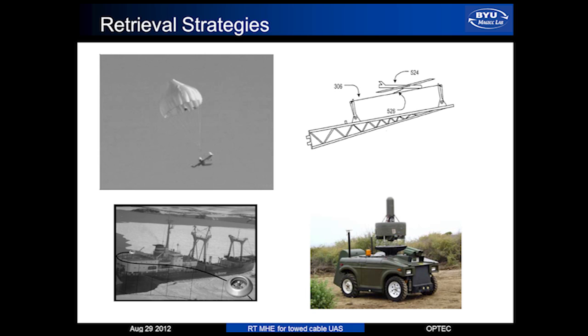The uncertainty will kill this method in most cases. The upper right figure shows a retrieval mechanism. They use a hook device on the MAV, which can be captured by a string on the ship or other vehicles.